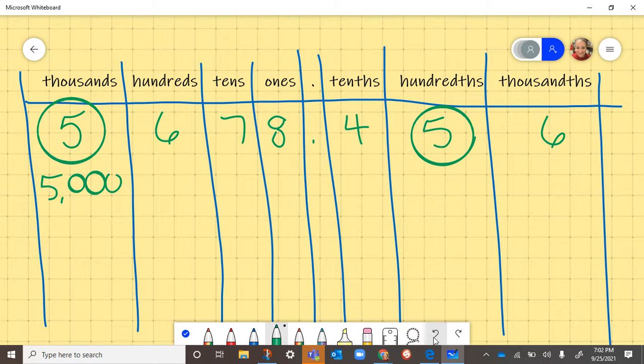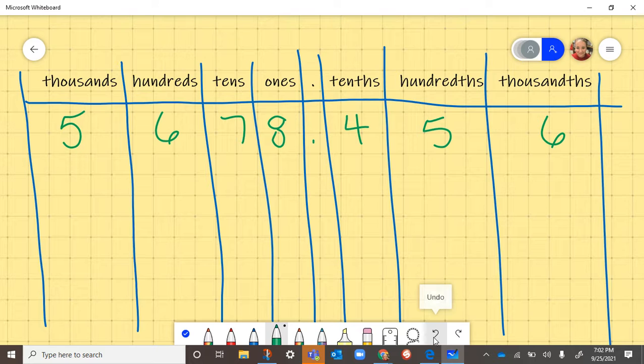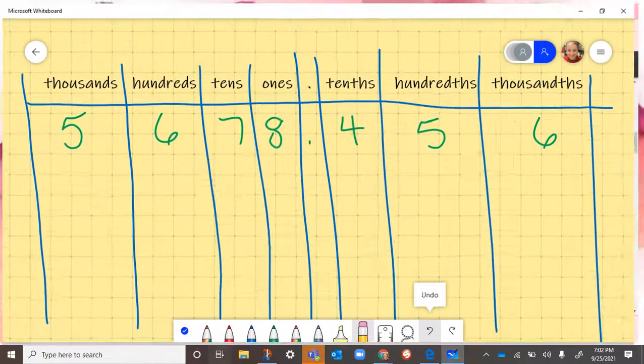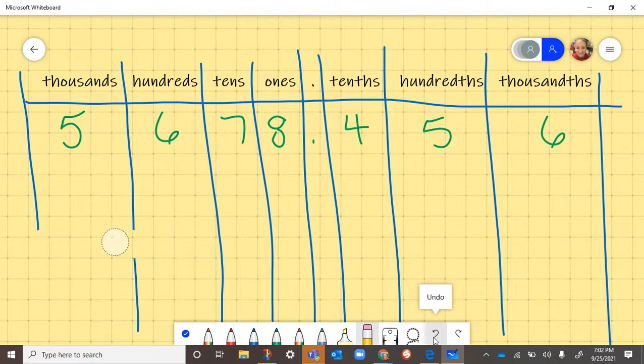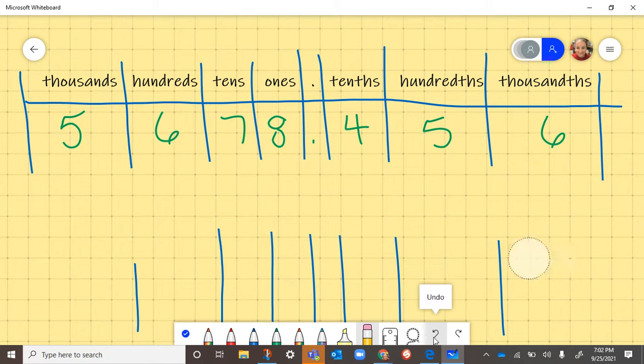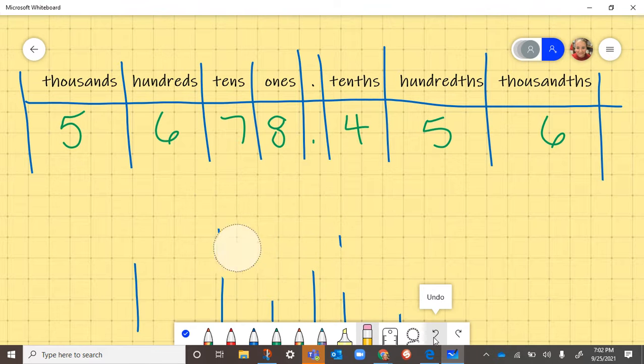And so let me erase these. So when we're putting things in expanded notation, I'm gonna make myself some room down here. We need to know about values and digits, and so we're going to apply that vocabulary as soon as I get some space cleaned up.